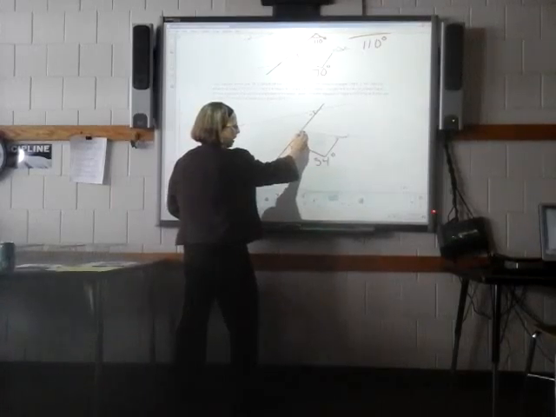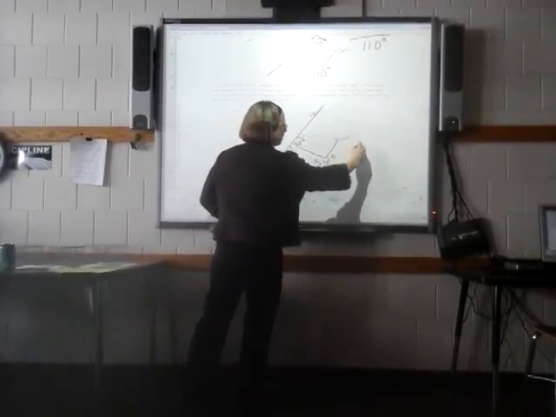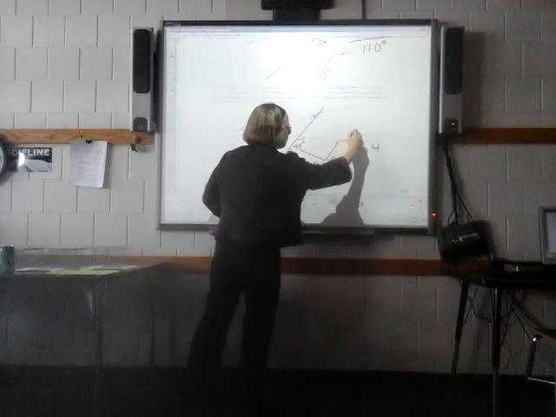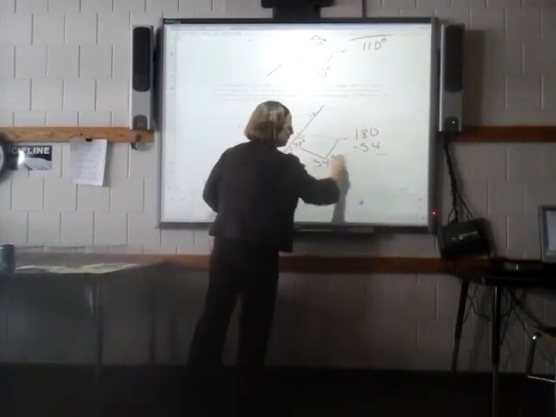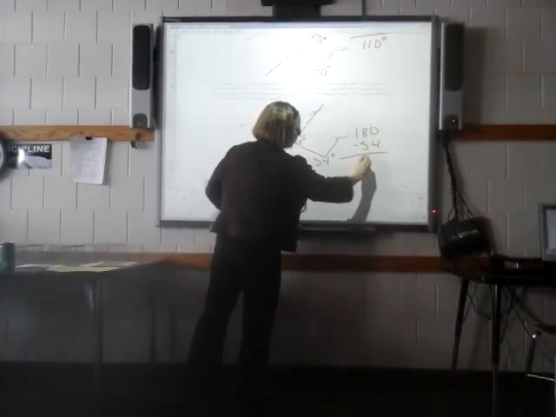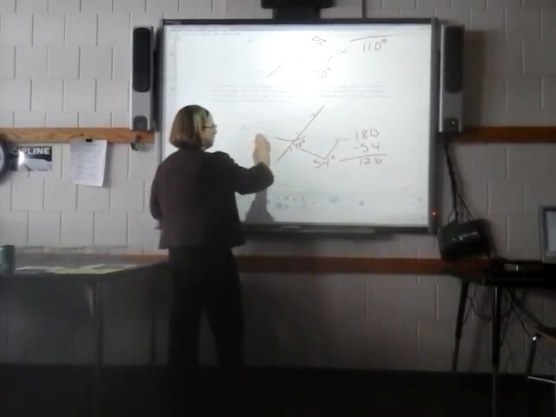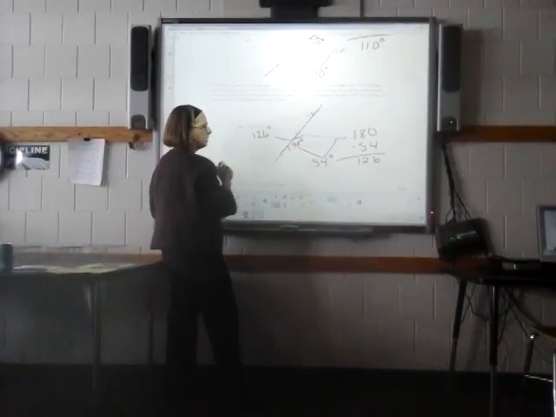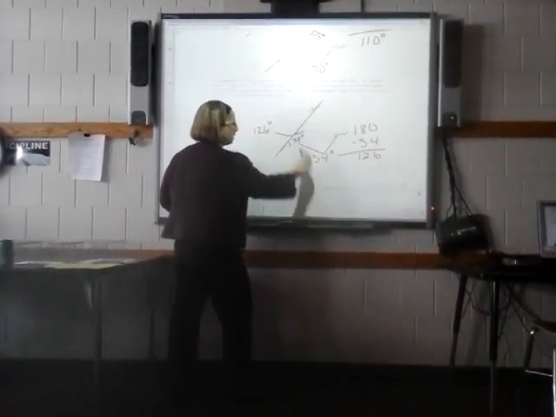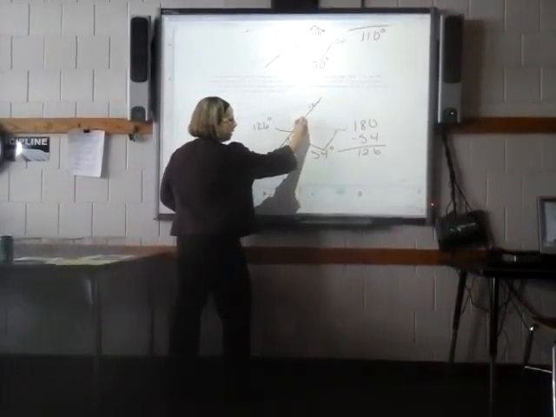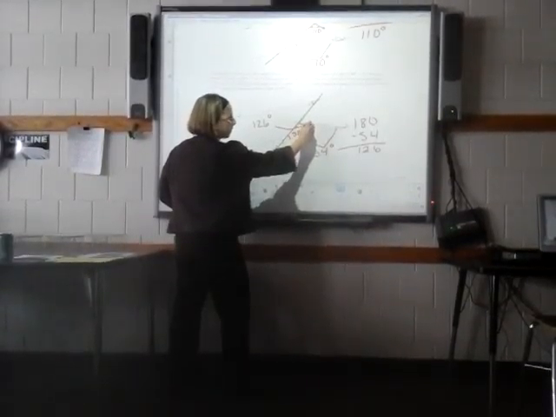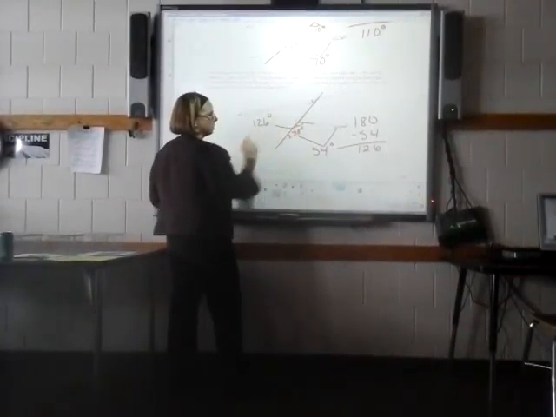My third angle then in the triangle has to be 180 degrees inside a triangle minus 54, which leaves it to 126.